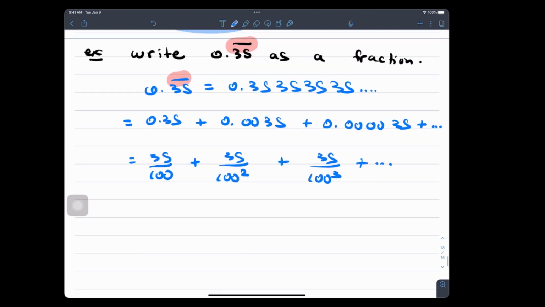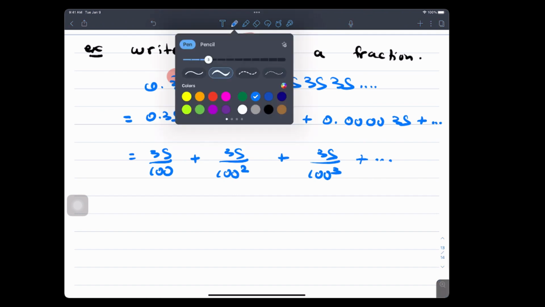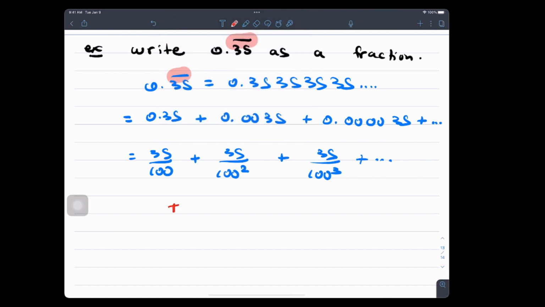So the question I'm going to ask you guys is, note, I'm going to make this observation that this is a geometric series. Okay, so this is a geometric series.